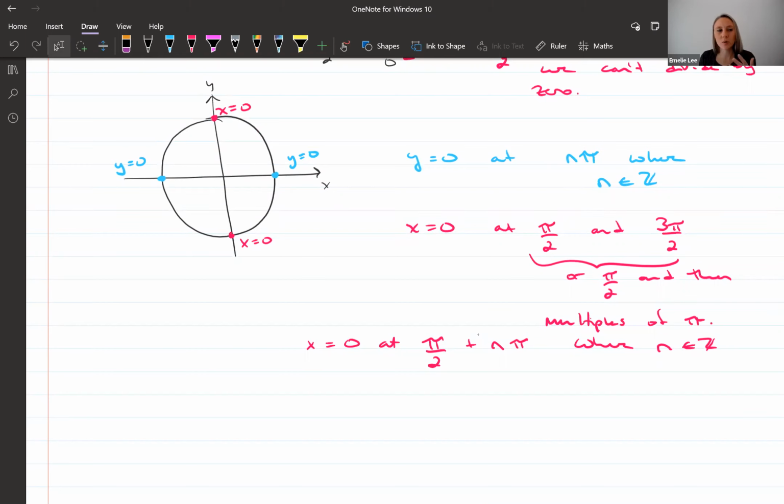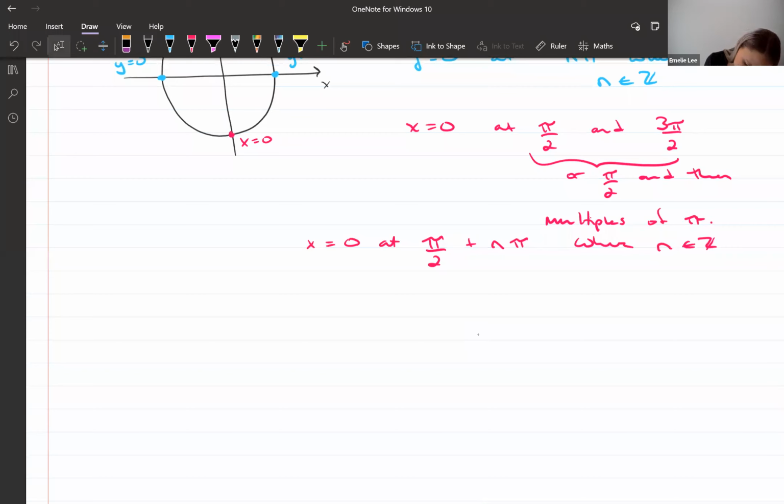Because there are some domains that are undefined if x is 0, some that are undefined if y is 0, and some is just all real numbers because it doesn't care. There's no division. So we use this to establish the domains.